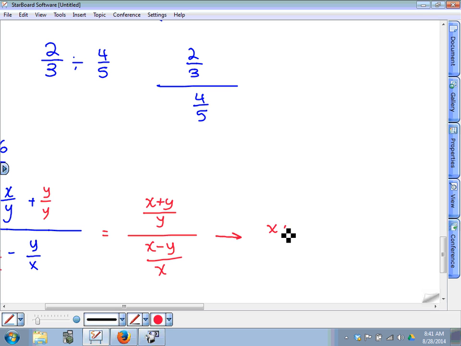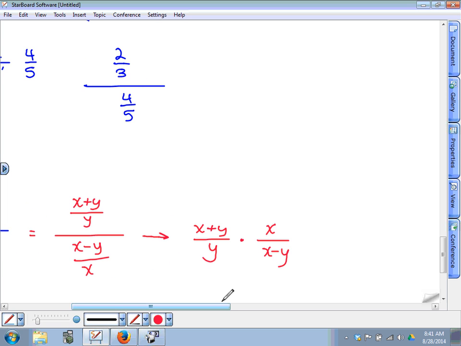So what we end up with is x plus y over y multiplied by x over x minus y. And that's nothing more than x times quantity x plus y divided by y times the quantity x minus y.